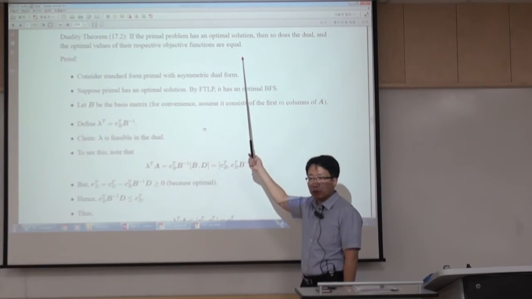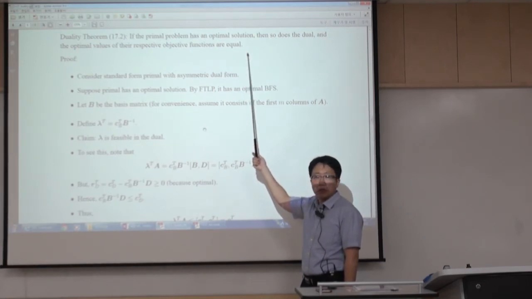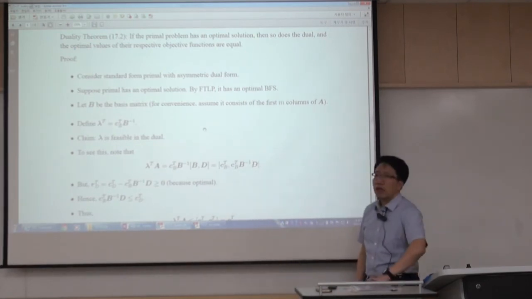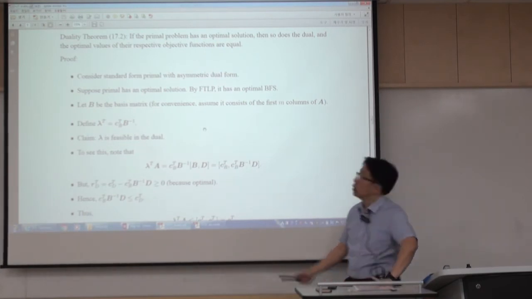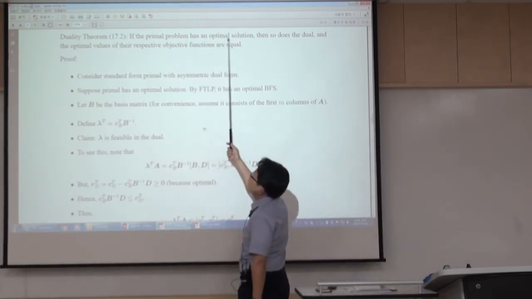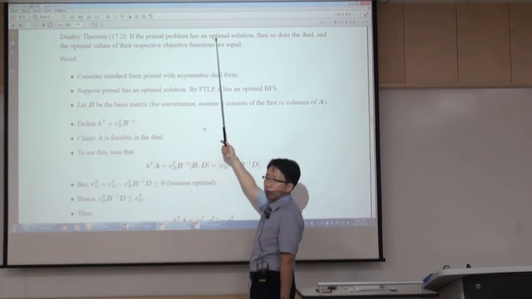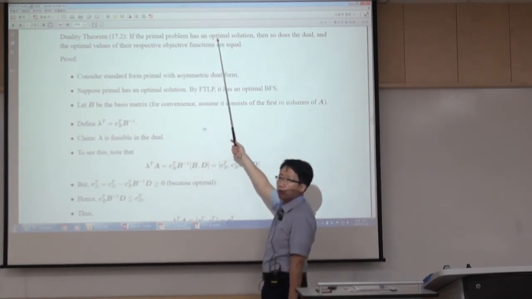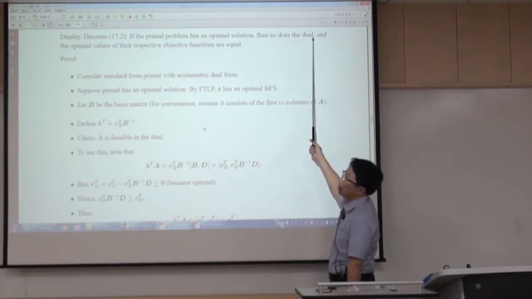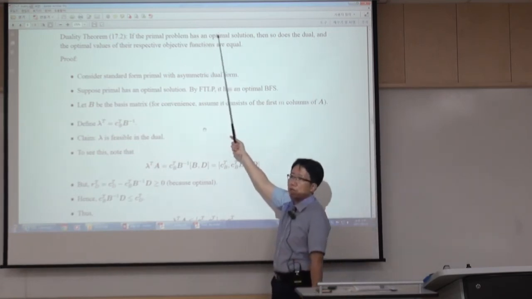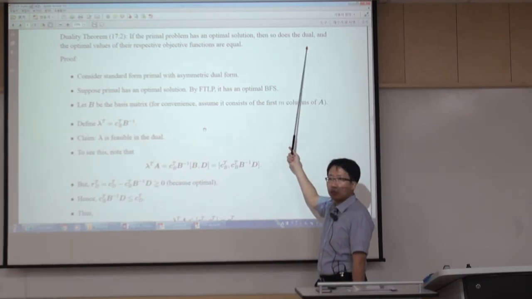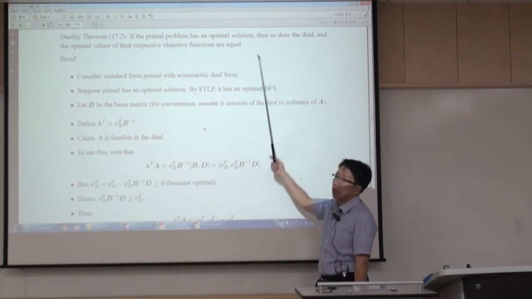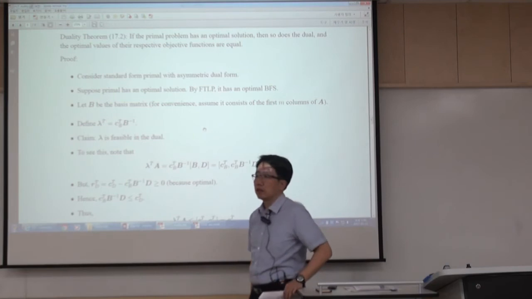Strong duality holds. So this can be understood as an existence theorem. If an optimal solution exists for the primal, an optimal solution exists for the dual. Got it? So this is an existence theorem.